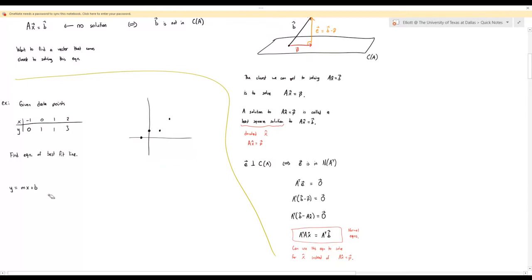So what I'm going to do first is take the 4 data points that are given and plug them into the equation of a line, for x and y. So for the first point, when x is -1, y is equal to 0. Plugging that in for x and y gives us this equation.